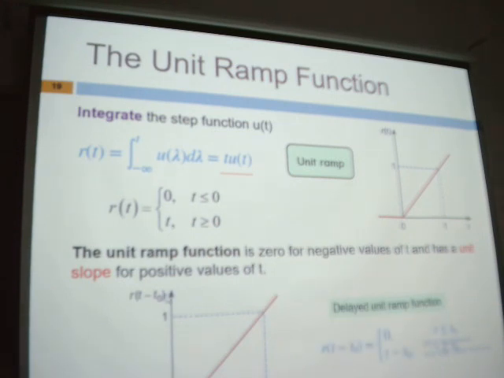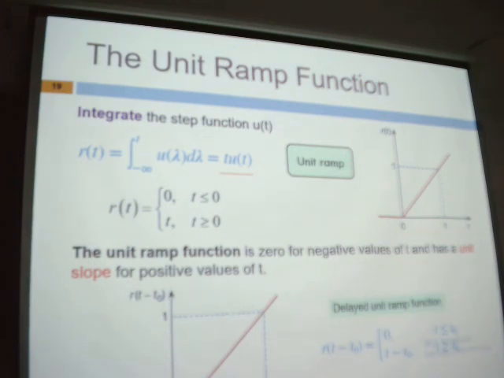We can also have a delayed and advanced function for the ramp function. If the sign before the t0 is minus, that means we move it to the right, so this one means delay.